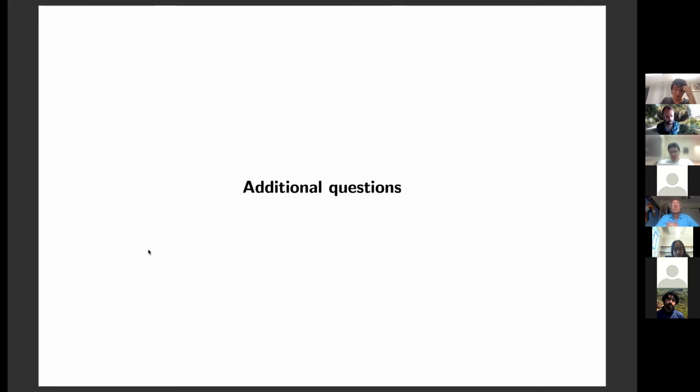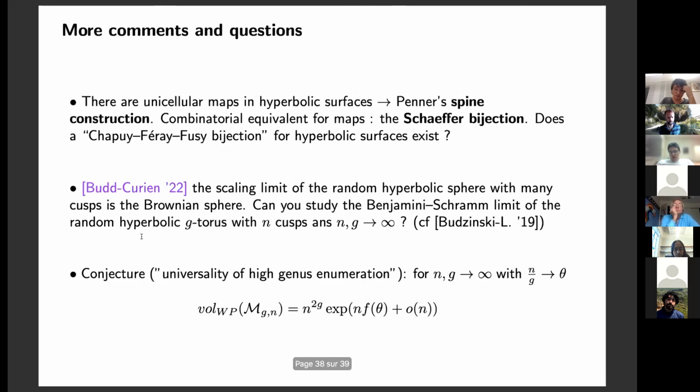So I'm just going to finish with some additional questions. When you look at hyperbolic surfaces, there are unicellular maps inside these hyperbolic surfaces. It's Penner's spine construction. You can take a point and then look at the points that have two distinct geodesics going to this point.